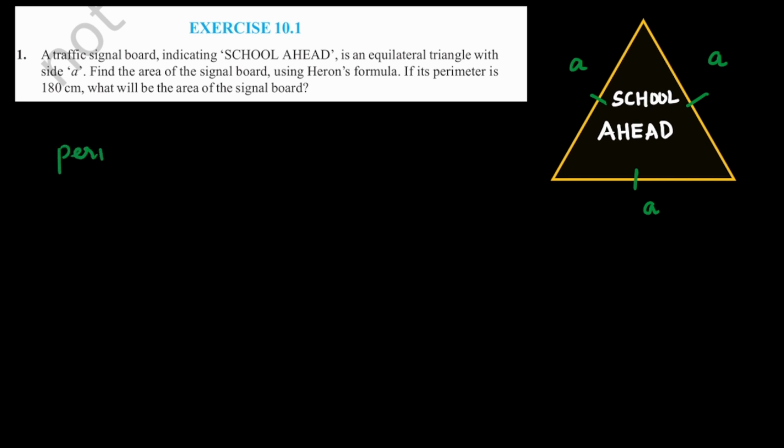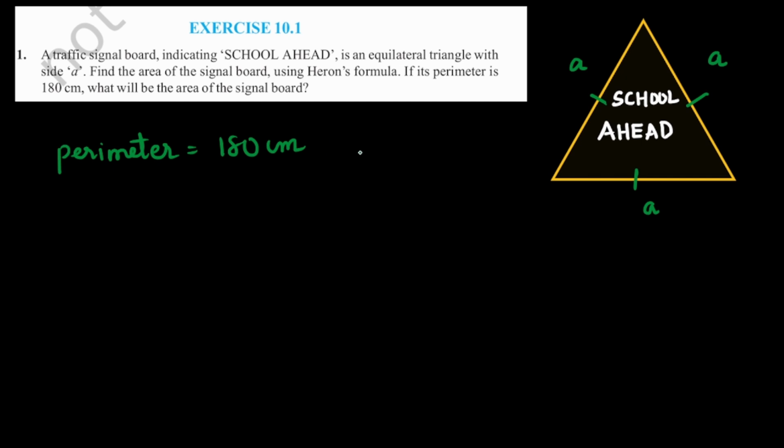So we'll write perimeter equals 180 centimeter. Now they have asked us to find the area of the board. In order to find the area, you need to know the sides. How will you find the sides? They have given a clue in the question, that this is an equilateral triangle.